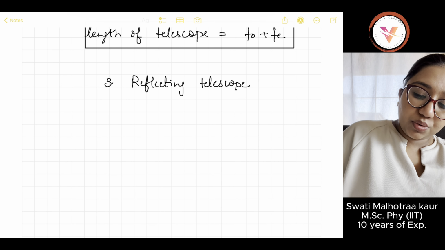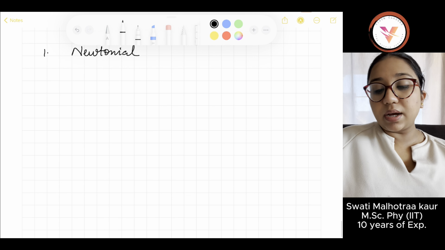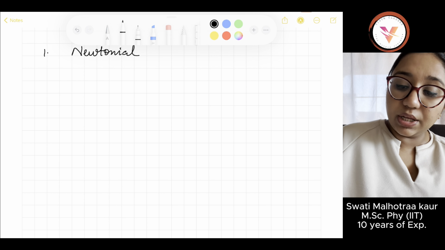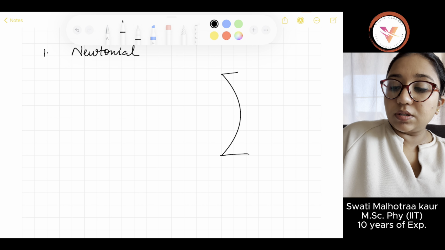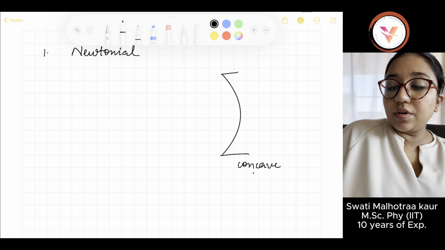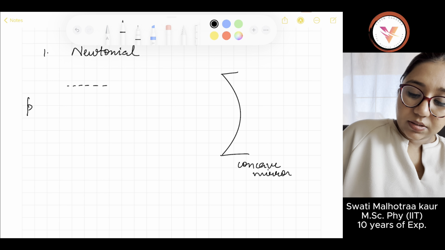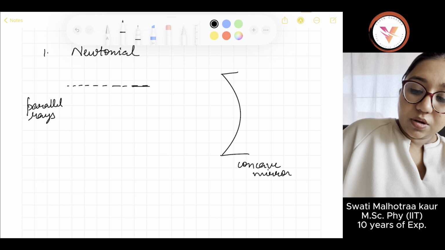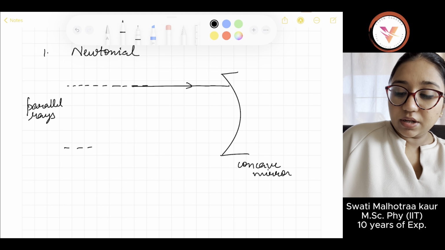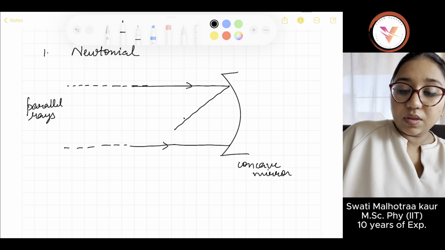So for Newtonian, what Newton has done in this is he basically used a concave mirror, and he showed that some parallel rays are coming on this from a distant object, and after reflecting it converges somewhere.